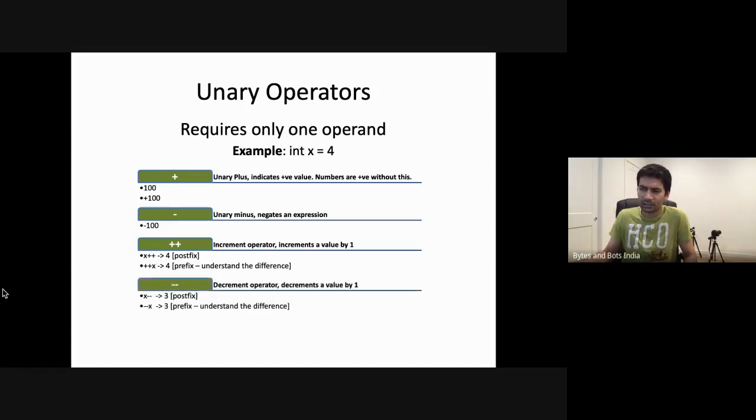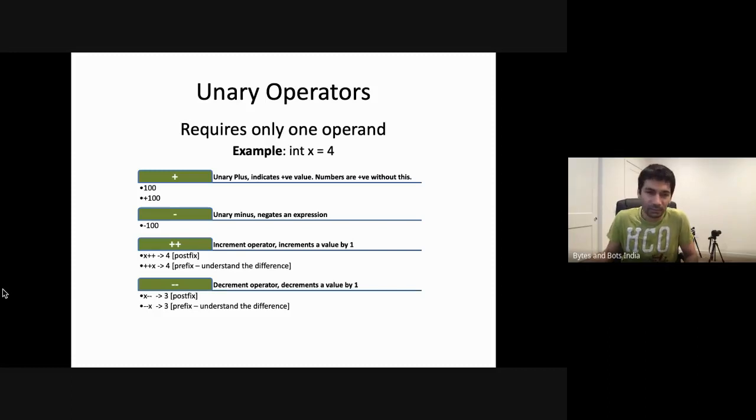The next is the decrement operator. Similar to ++, it reduces the value of a variable by 1. So essentially, if you do x--, it will give you 3, and it has a similar prefix version as the increment operator, which is --x, which will give you 3 as well.